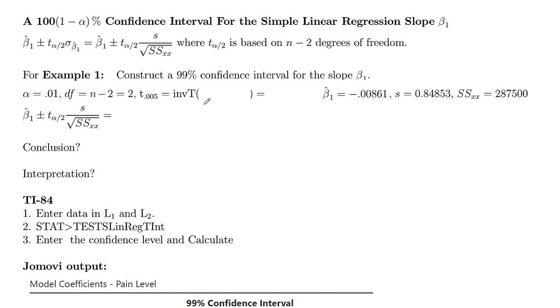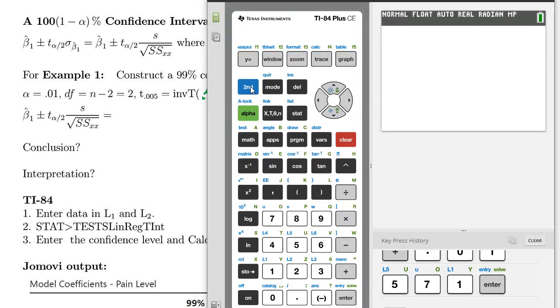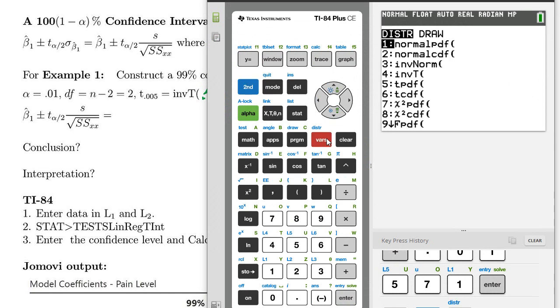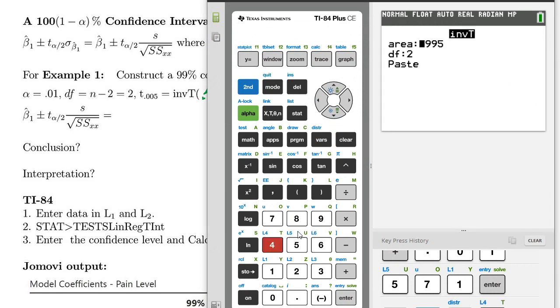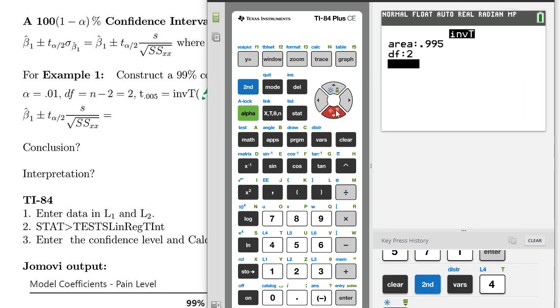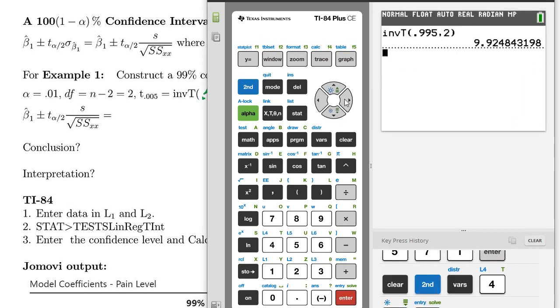And we can compute that using the 0.005 as the right area, so the left area is going to be 0.995, and then degrees of freedom will be 2. Put that into inverse t: second variables, inverse t, number 4, 0.995 left area, degrees of freedom 2, and we get 9.925.